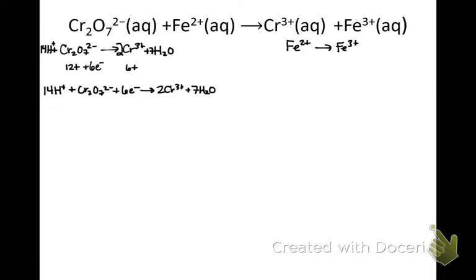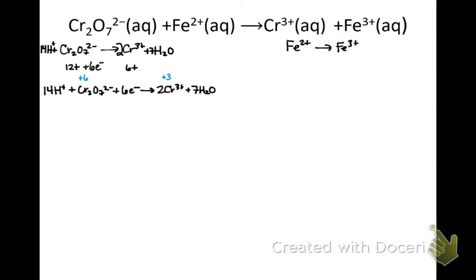Okay, and that 6 electrons makes sense because our oxidation number of chromium on the reactant side is +6, and our oxidation number of chromium on the product side is +3. We've got 2 of them, so we're changing each one by 3 electrons. So chromium is gaining 6 electrons in order to form chromium 3 plus. Okay, so that half reaction is done.